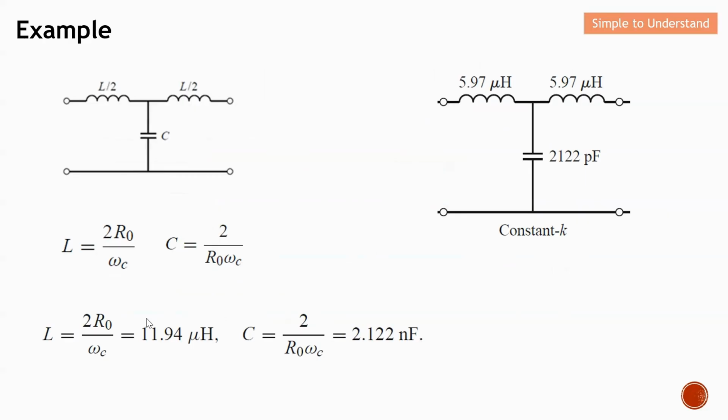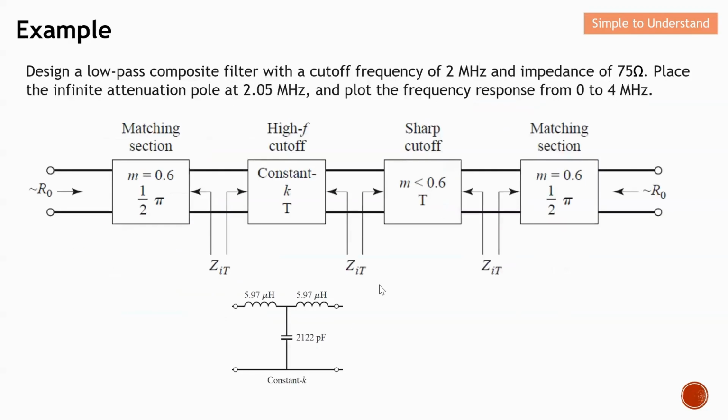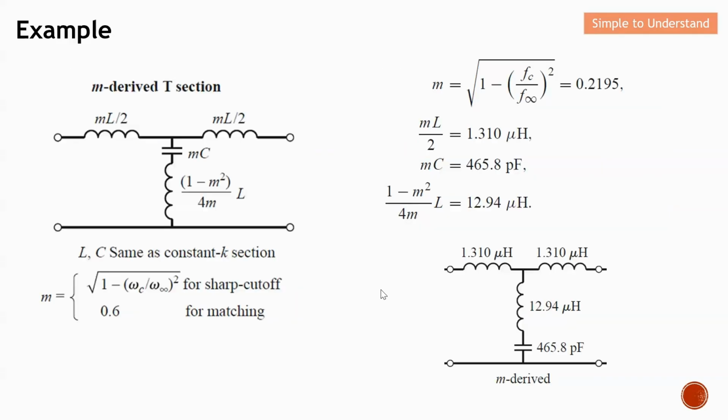After that, we can use the same L and C values in this equation to compute the m-derived section. From here, you can see that I have successfully computed this inductor value, which is 1.310 microhenry. I have also computed this capacitor value, the mC. I just need to take this 0.2195 multiplied by the C value. Next, this inductor value I can also easily compute.